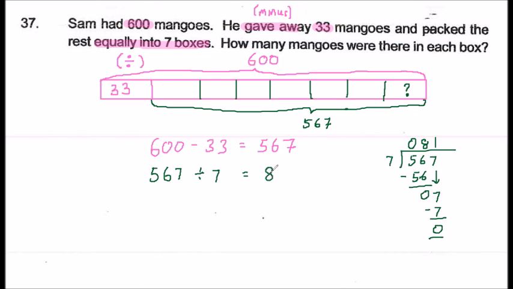So the answer should be 81. Okay. And of course, we can write down the statement. Your division working is different. Can you show me how you do your division working?